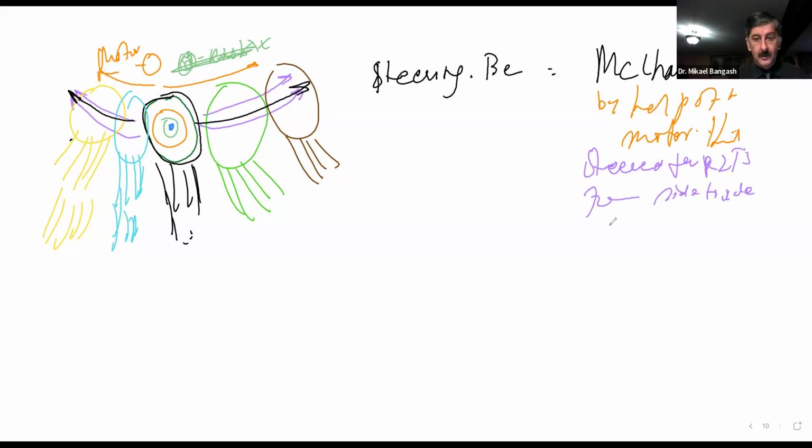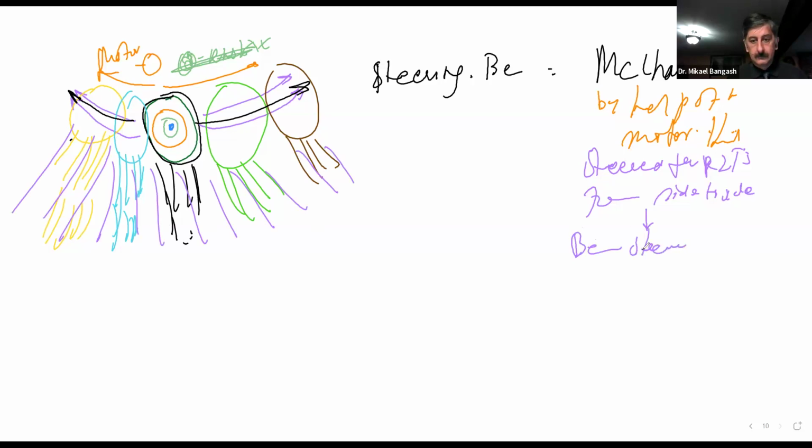And by doing so, that actually led to the beam being steered in different directions. Did you guys get that?